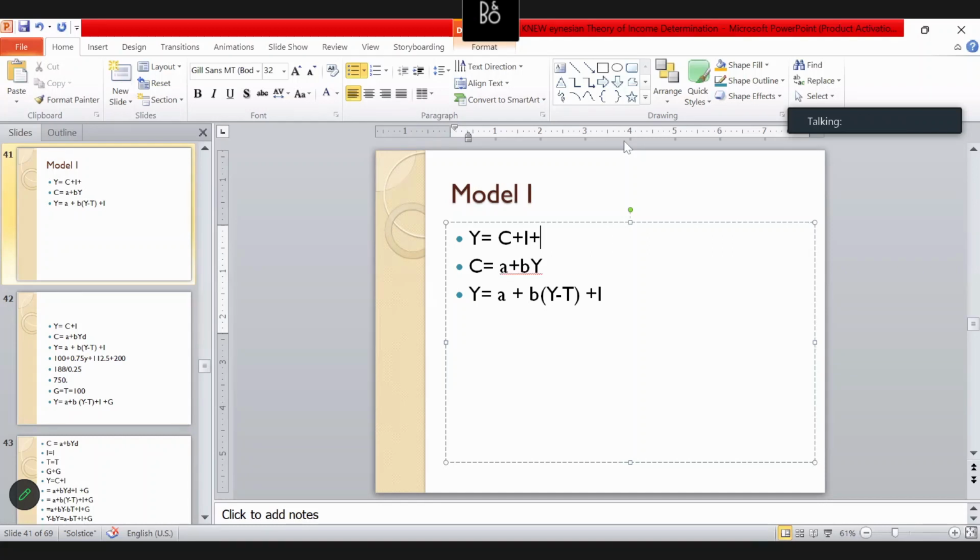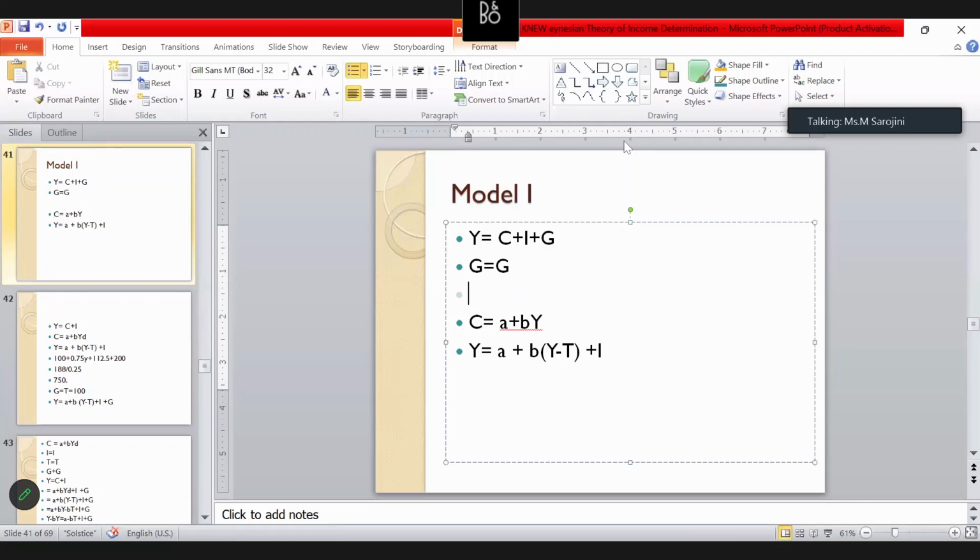Here G is government expense, we are going to add the G. Here G is equal to G bar and I is equal to I bar, right? In this slide, I divided the models into 5, but we can divide these models into 5.